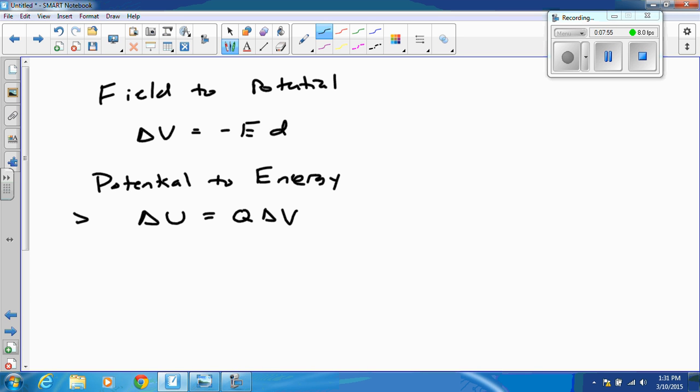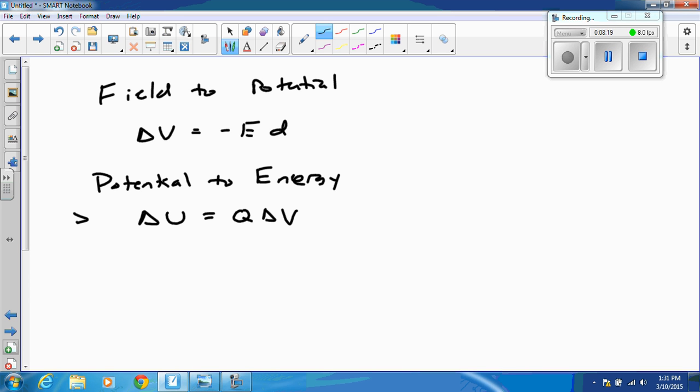In a lot of ways, we're going to think about this just like you would mgh. So if I have an object that goes higher, its potential energy is going to increase. If I have an object that goes lower, its gravitational potential energy decreases. With electrical potential, it's much the same. If I go up in voltage, a positive charge is going to increase in potential energy.